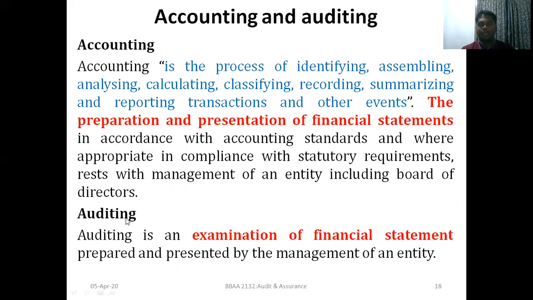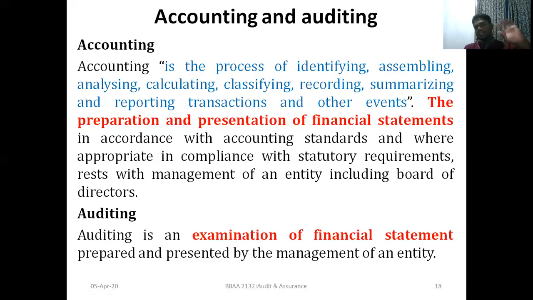Then auditing is an examination of financial statements. Examination is the verification or ascertaining of financial statements. You know the financial statements are the P&L account, balance sheet, cash flow statement, and statement of changes in equity, prepared and presented by the management of the entity. This is the connection between accounting and audit.